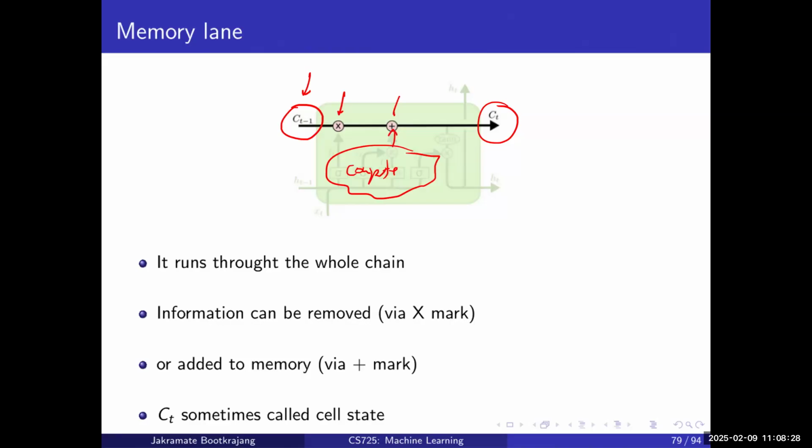And this output will be combined with the memory, right? So it's basically the memory of the current timestamp that we want to add into the memory lane. So that is the first part, the memory lane. You can forget your information. You can also add the current result as a memory.